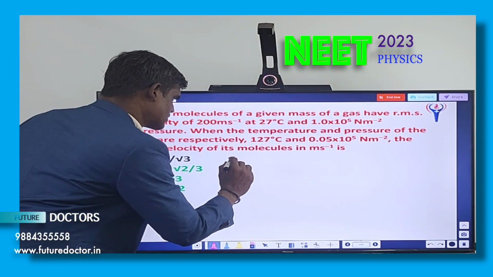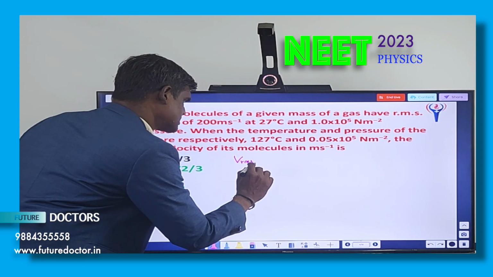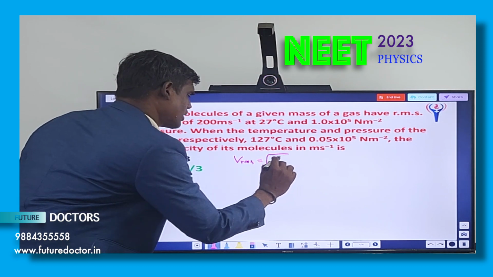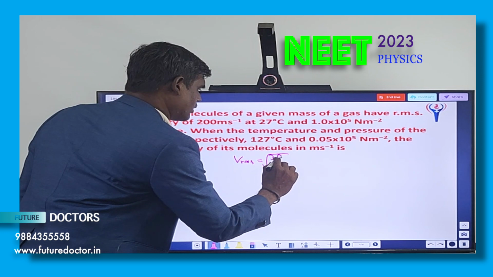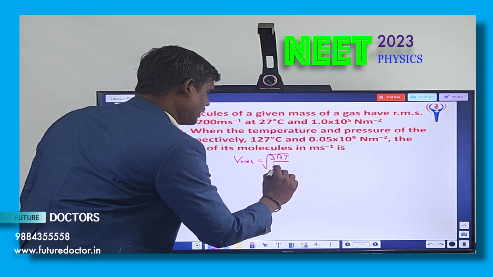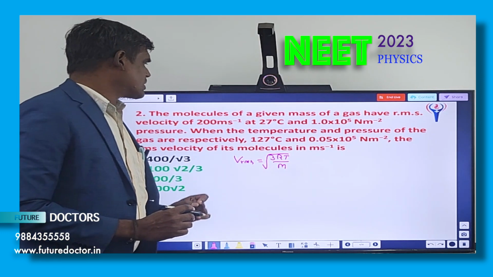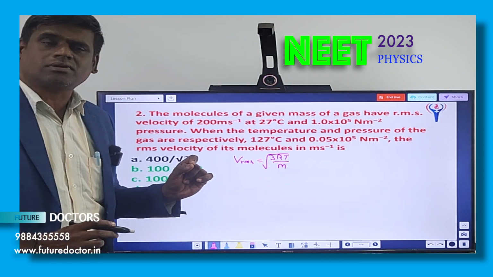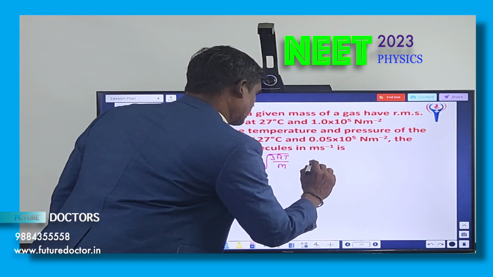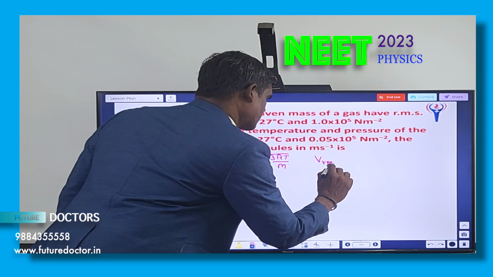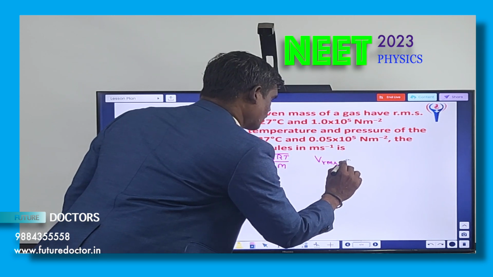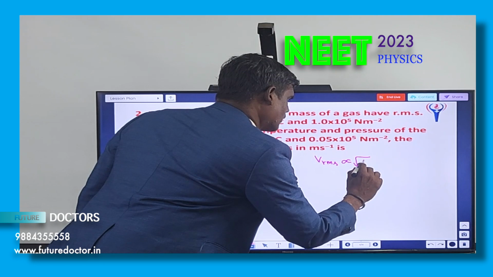Formula for RMS velocity, Vrms equal to square root of 3RT by M. Here R and M are constants and Vrms depends upon T only. That is square root of T. That is Vrms is proportional to square root of T.